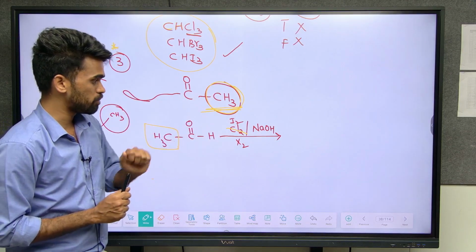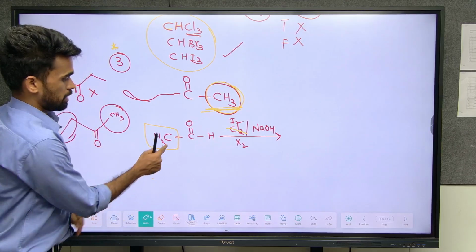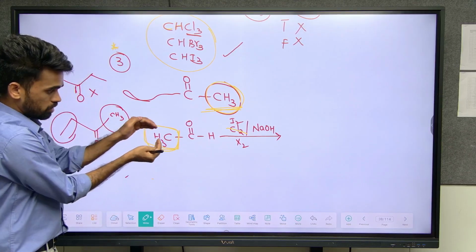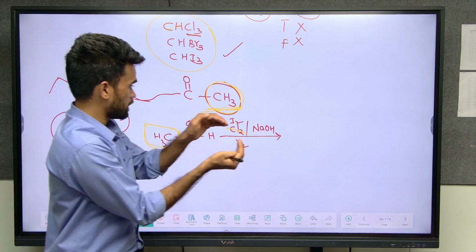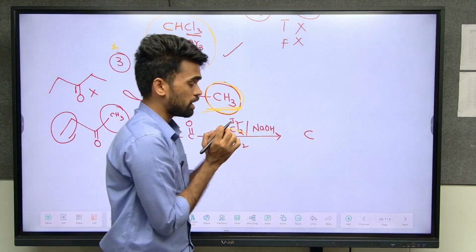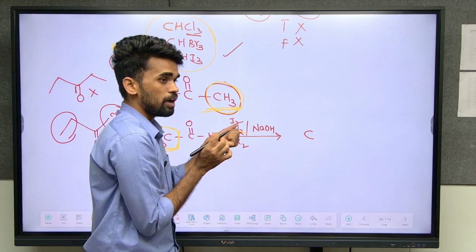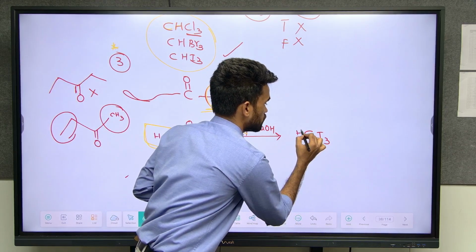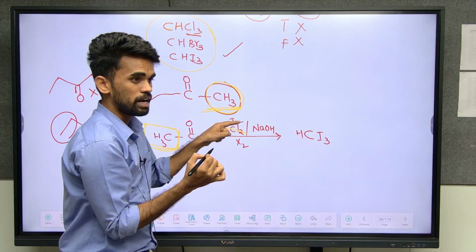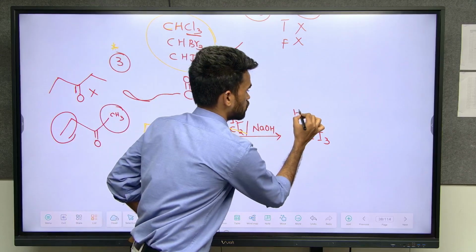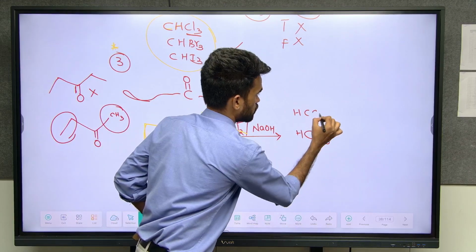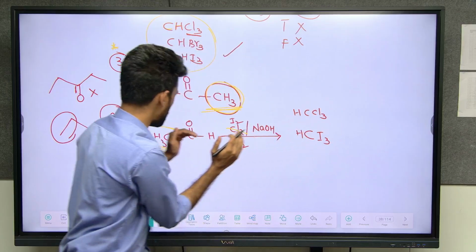So in a haloform reaction this methyl is there now, directly you remove, take it out, you are bringing here that carbon. Okay. If they mention iodine, you write it as iodoform. If they mention chlorine, you write it as chloroform. Like this. Clear up to one part?